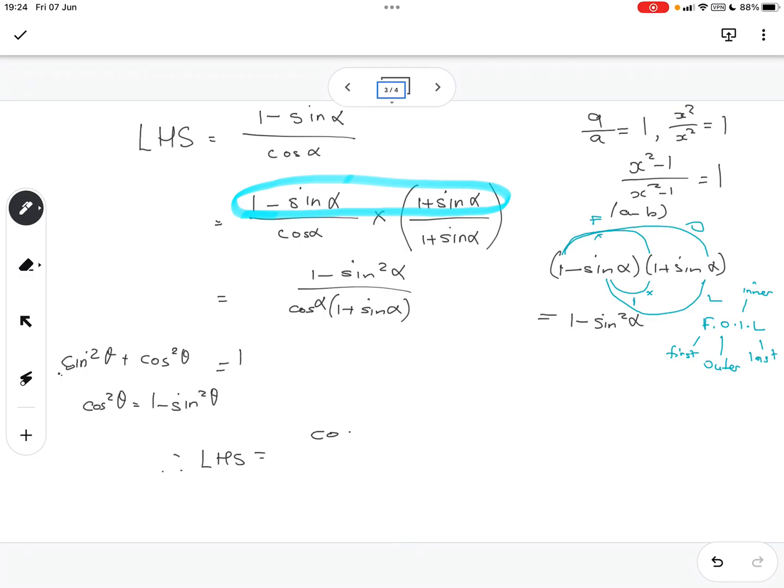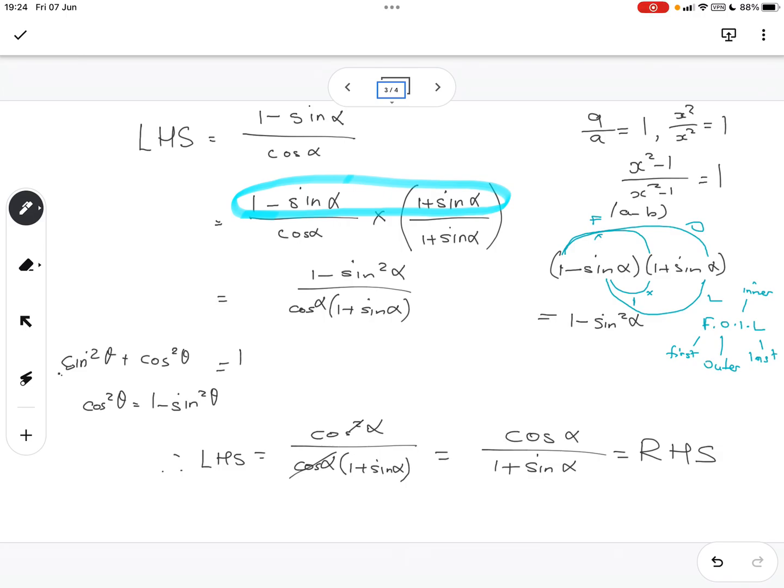And this is what we can transfer there, such that the left hand side equals cos squared alpha over cos alpha times 1 plus sine alpha, and these divide each other out, so that we are only left with cos alpha over 1 plus sine alpha, and that equals the right hand side.